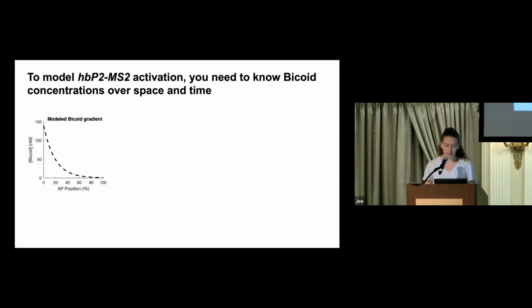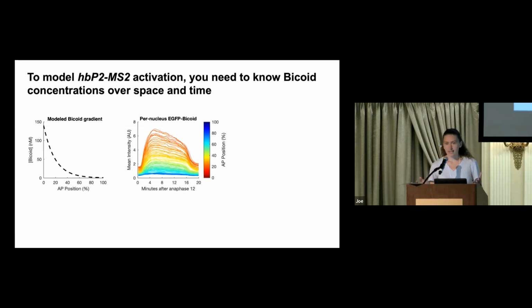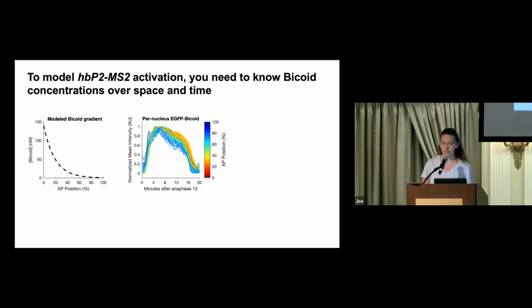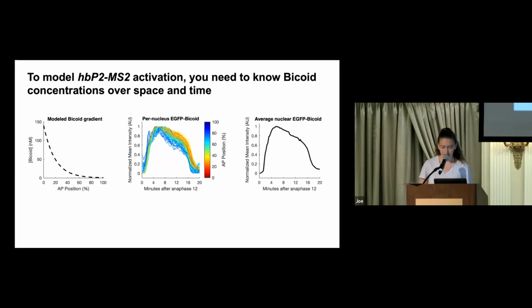To estimate Bicoid concentration, I applied a model for the Bicoid gradient, which takes into consideration the synthesis, diffusion, and degradation of the protein. In order to get a sense of the dynamics, I live imaged GFP Bicoid across nuclear cycle 13. I then normalized the fluorescence measurements in each of the nuclei, finding that they all follow pretty similar normalized dynamics.